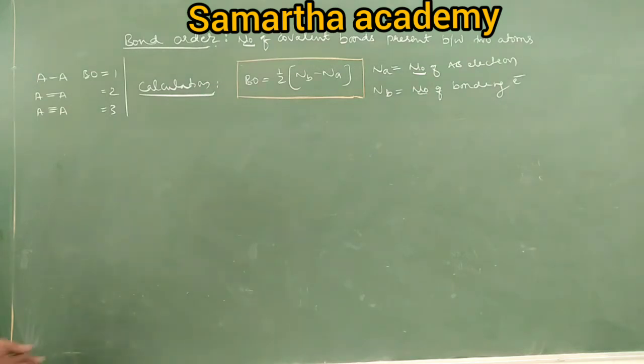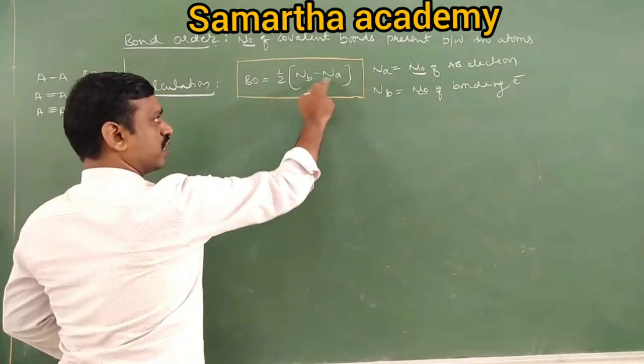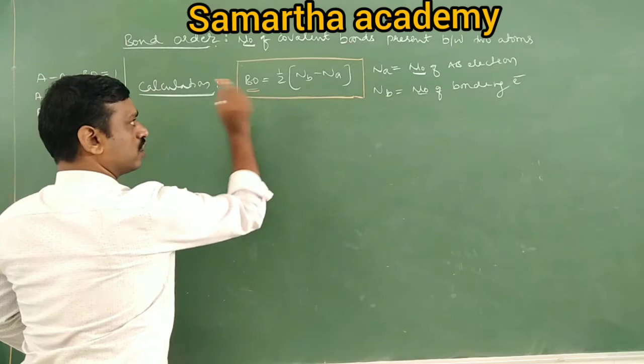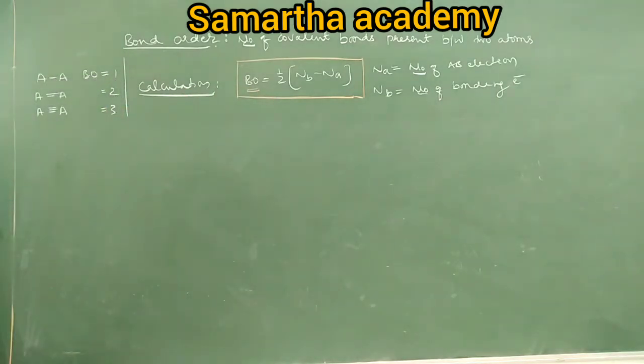It means if you know the number of antibonding and bonding electrons, it is possible to calculate bond order easily. This is one method.